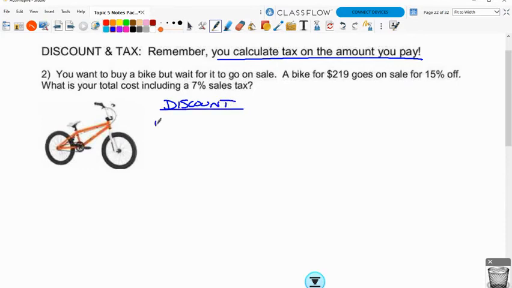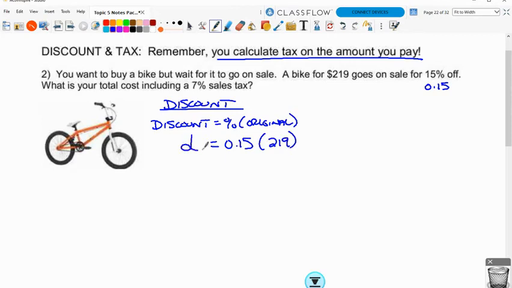So the discount equation says that discount is a percentage of the original price. Okay, we know the discount percentage here is 15%, which as a decimal is 15/100ths, so our rate in decimal form is 15/100ths. And we know the original price was $219. We're calculating how much the discount is.